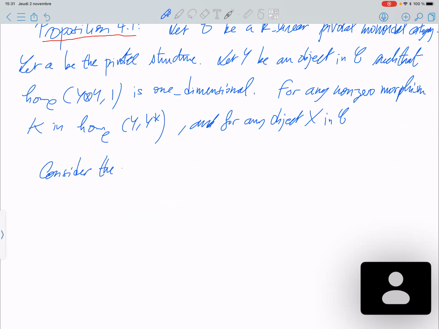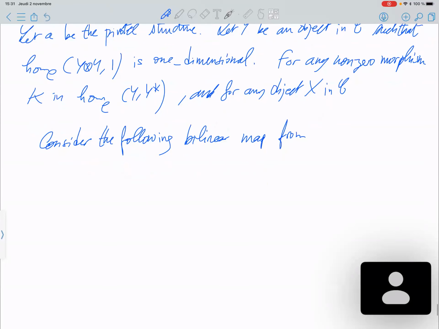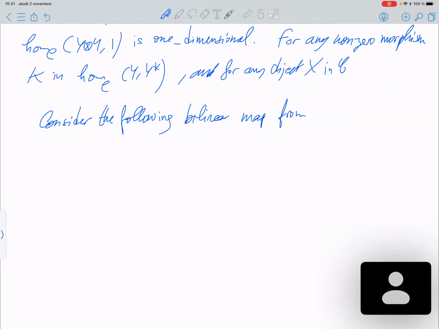Consider the following bilinear map from Hom_C(1, X tensor Y tensor X star) squared to End(1). Let me just write something.